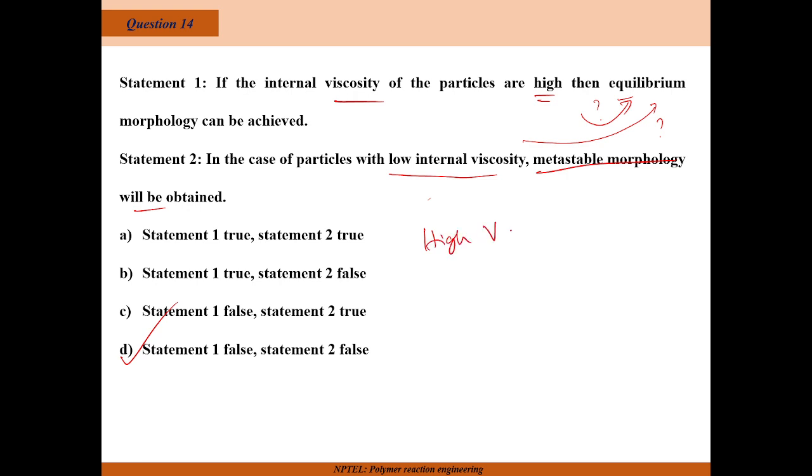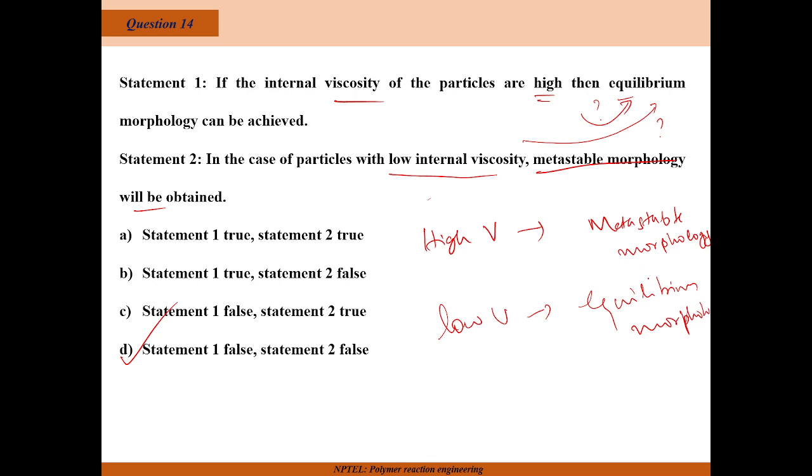High viscosity gives a metastable morphology. Metastable means it can have multiple stable morphologies, and low viscosity will give an equilibrium morphology.